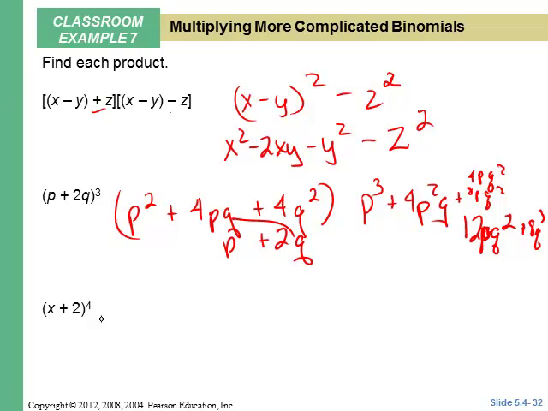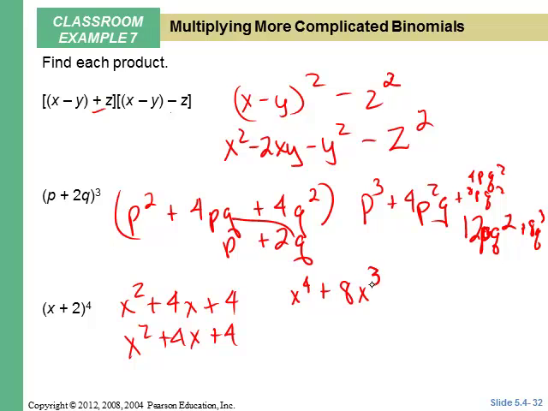And then if you multiply it to the fourth, it's actually x squared plus 4x plus 4 times x squared plus 4x plus 4. You get x to the fourth plus 4x cubed plus 4 more x cubed is 8x cubed. 4x squared plus 4 more x squared, plus 16x squared plus 4 more x squared is plus 24.